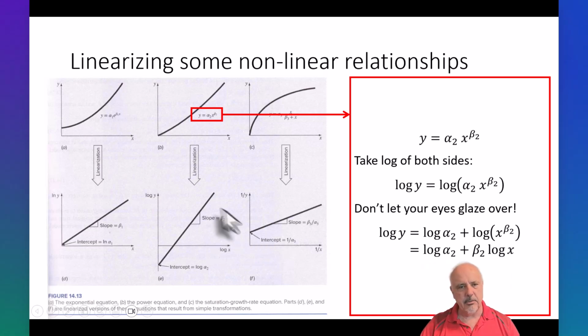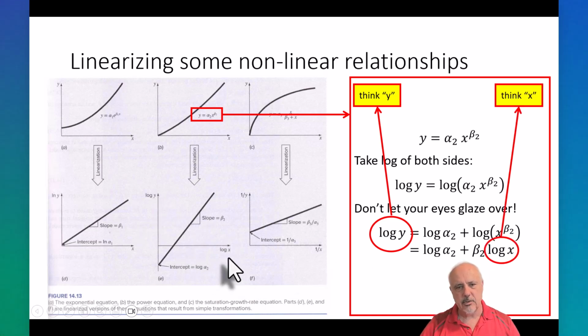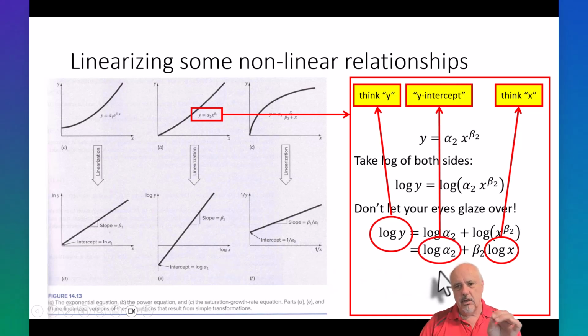This ends up looking like this in a log plot, where the log of y now is your quote-unquote y, and the log of x is your quote-unquote x. The log of alpha 2, you could consider like a y-intercept.